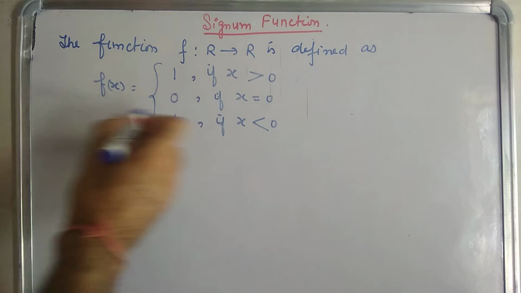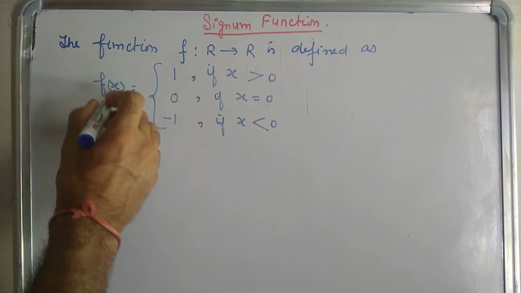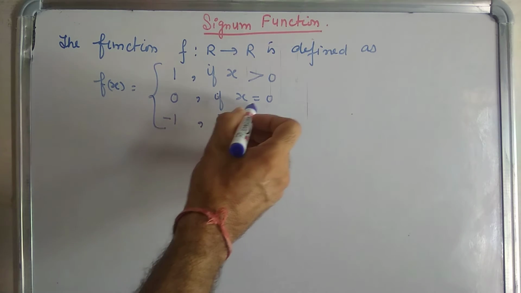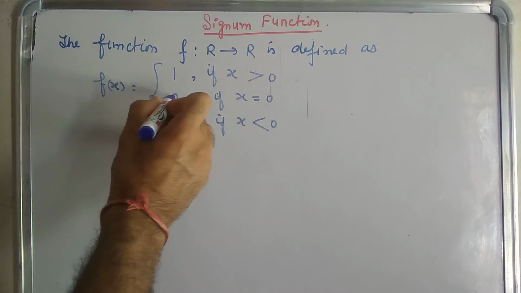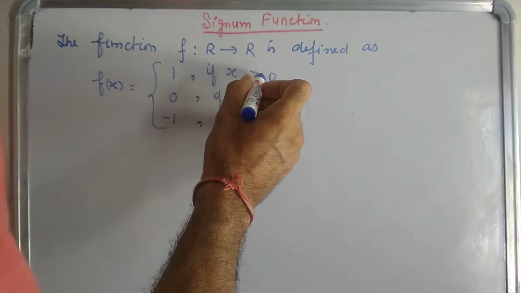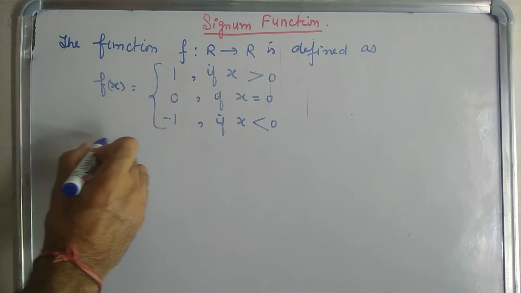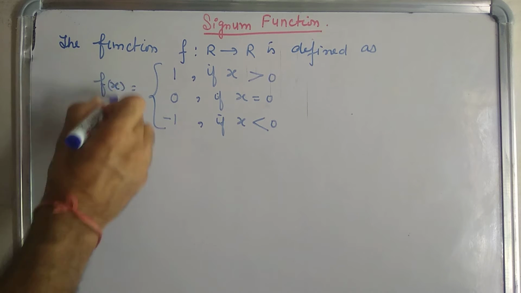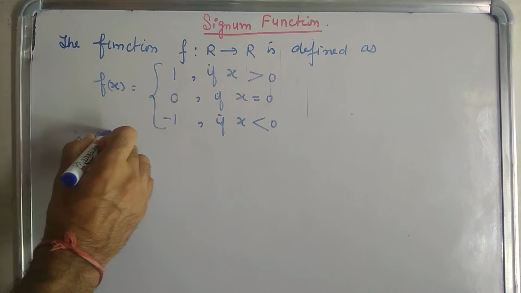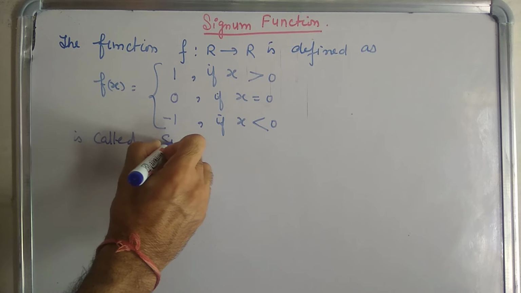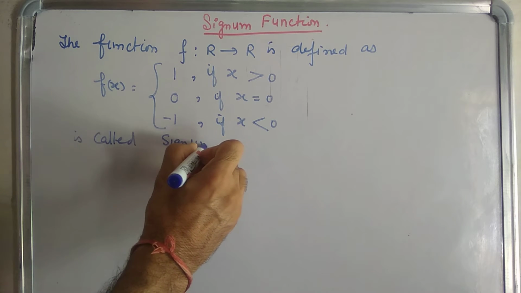If we put any negative real number here, we get only -1. If x is 0, the function will be 0. If we take any positive real number, we get the value 1. So this function is called the signum function.